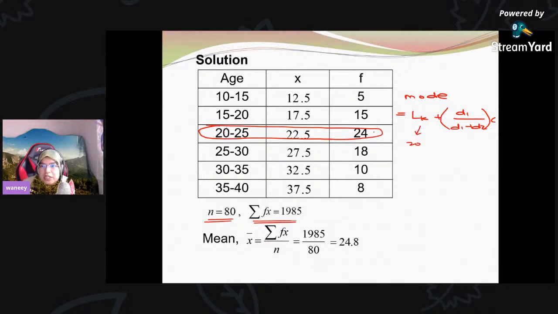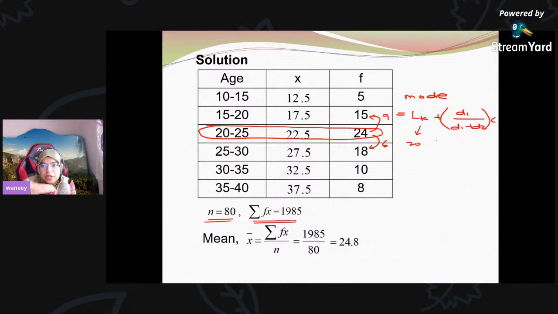D1 is the difference between this frequency and the one before that, so 24 minus 15. The difference is 9. D2 is the difference between this frequency and the one after that, so 24 minus 18, which is 6. The class size: the upper boundary is 25 and the lower boundary is 20, so the class size is simply equal to 5.